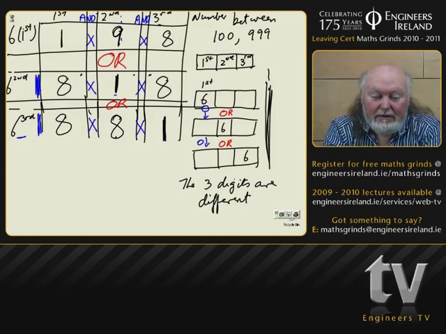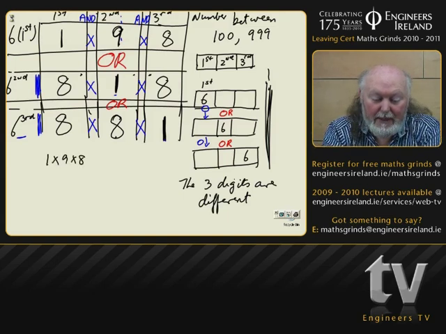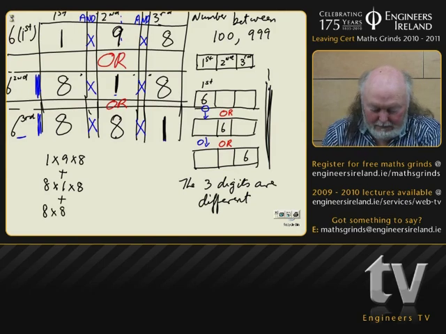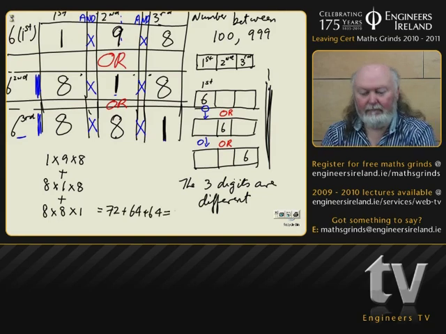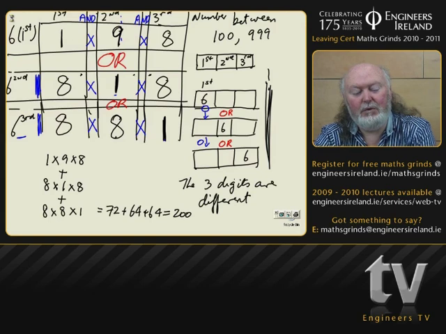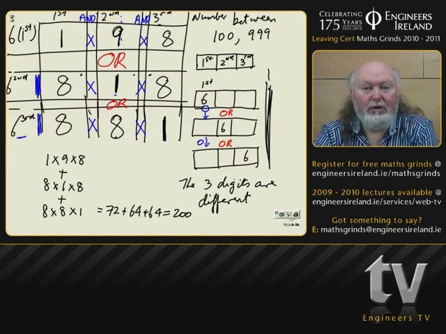We can say that what we have is 1 by 9 by 8 plus 8 by 1 by 8 plus 8 by 8 by 1, giving 200 possible ways of getting a 3-digit number where the first digit is not 0 and where we're forced to have a 6.